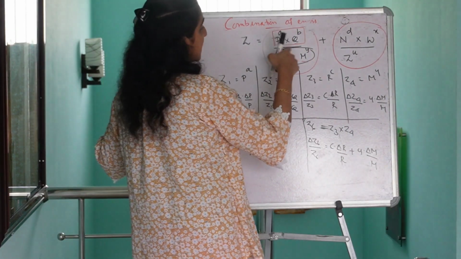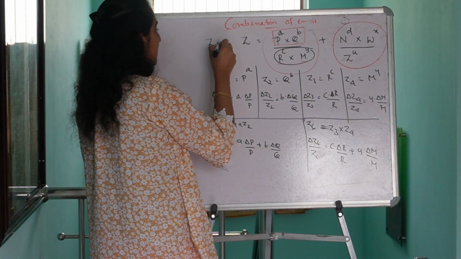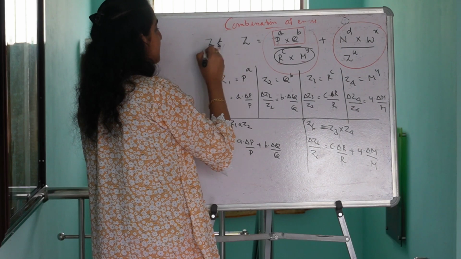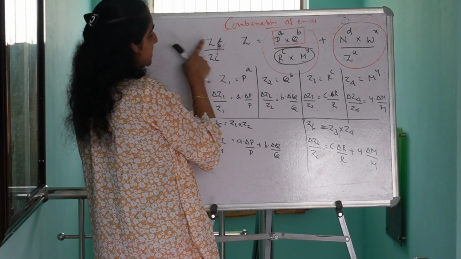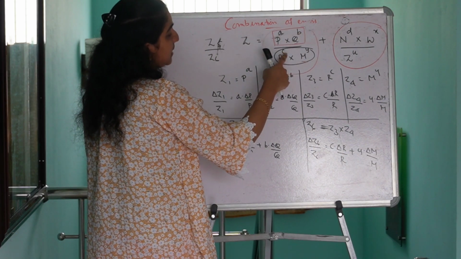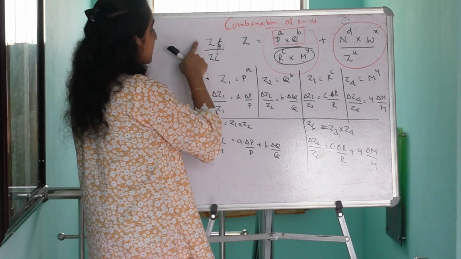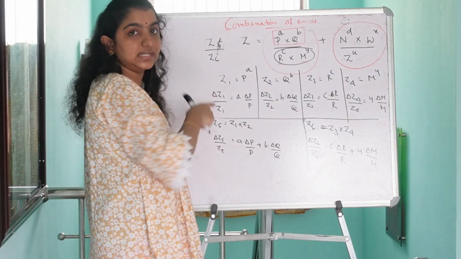So here we can say the first term is nothing but Z5 divided by Z6, isn't it? We can write this P power A into Q power B divided by R power C into M power Y as Z5 by Z6. Is it clear?